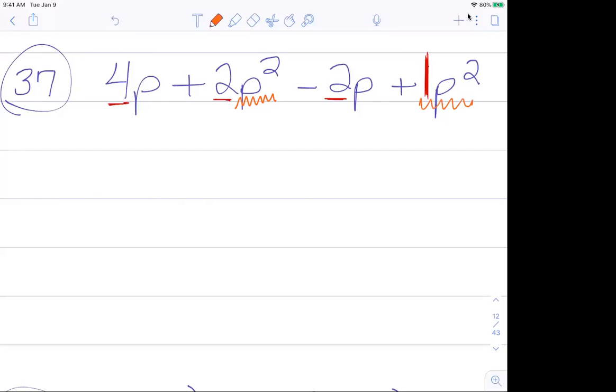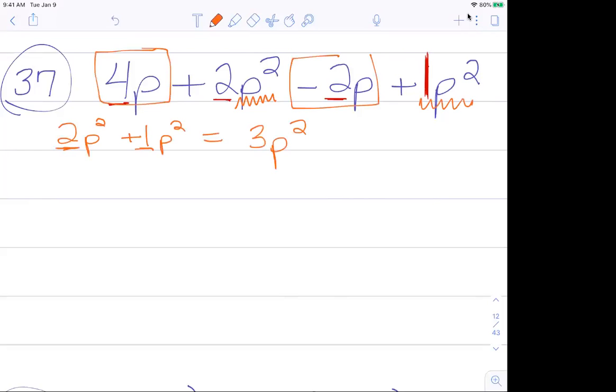And you're really adding the numbers in front. So if you need to write information on the side, we're taking 2p squared and 1p squared. Those are my like terms. So we're going to add those together. You're adding the numbers in front. So that makes 3p squared. That's really what you're doing when you're combining like terms. You're adding the numbers in front. So that means the other two that are left just have p's.